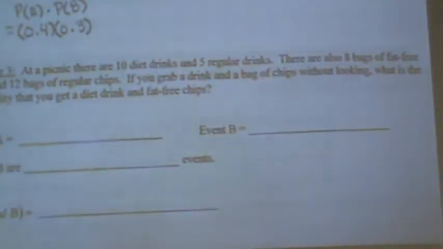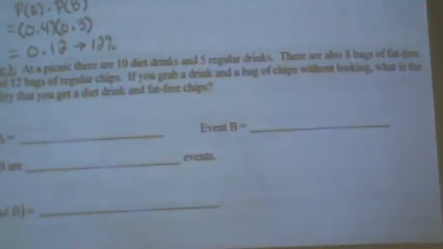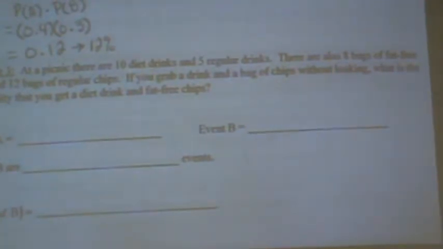The probability of B is 0.3. And when we multiply that out, we should get 0.12. And we can translate that into a percentage. That would be 12%. So there's a 12% chance of event A and event B happening.